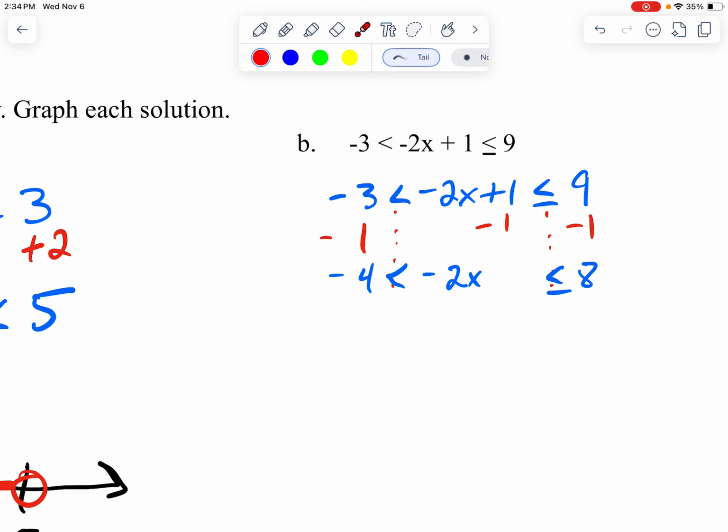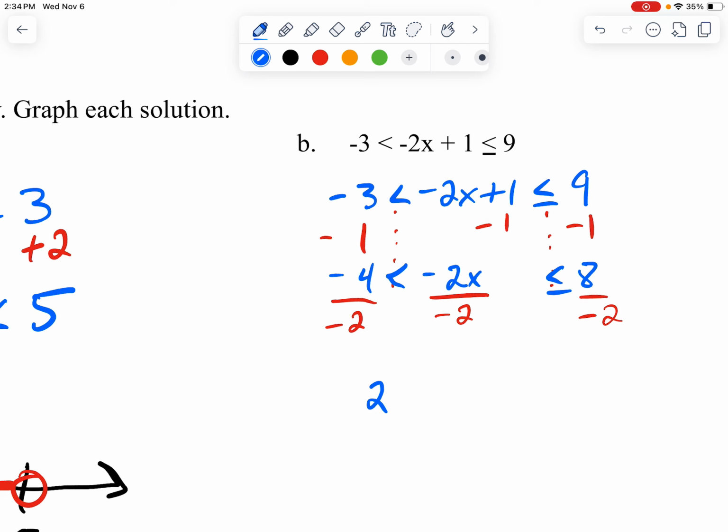Now, final step: -2x means -2 times x. So to undo that, we are going to divide by -2. If I do it to one piece, I have to do it to all 3 pieces. Remember, this is only because they're separated by inequalities. So now when I divide by -2 on the left, -4 divided by -2 is +2.